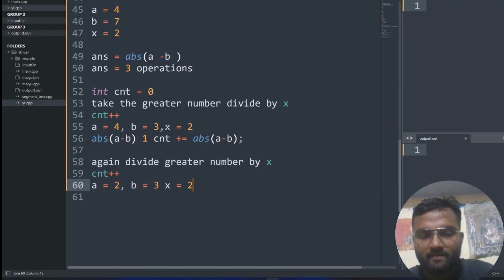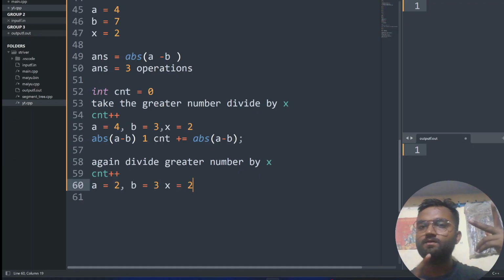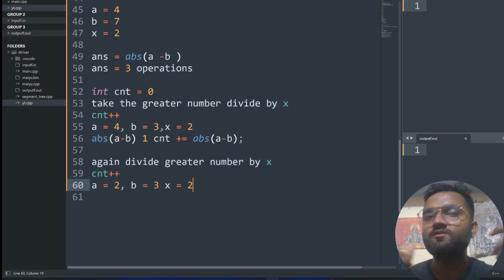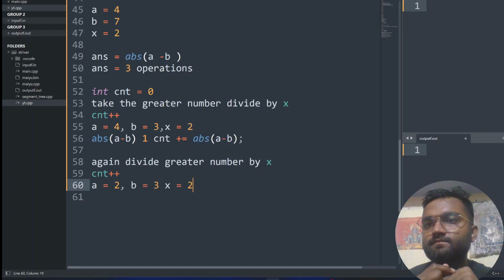In this manner, first we get the absolute difference a minus b as the total answer. Then we first apply a second operation and then go for the first operation, and we get another answer.